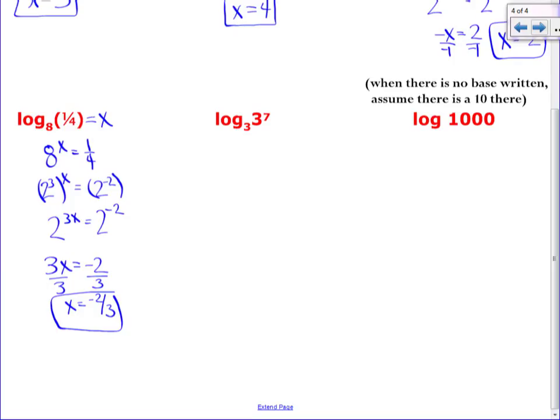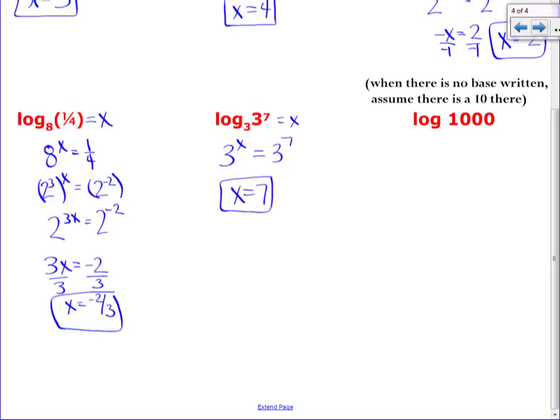Okay, same thing here. Set it equal to x. Rewrite it in exponent form, so that would be 3 to the x equals 3 to the 7. It's already in base numbers, right? What's the answer? x equals 7. And the last one. You are going to see this quite often. They're just going to have log of a number.